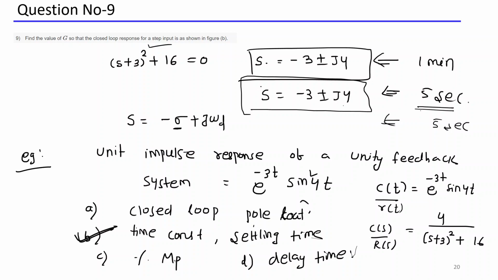Whenever a pole is given, remember that the time constant is nothing but the negative inverse of the real part of the pole. So the real part of the pole is minus 3. So the time constant is 1 by 3. You got my point, sir?